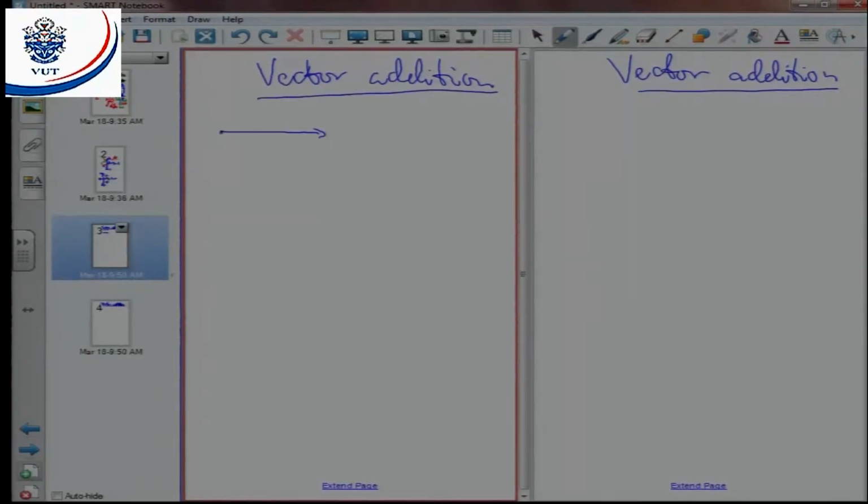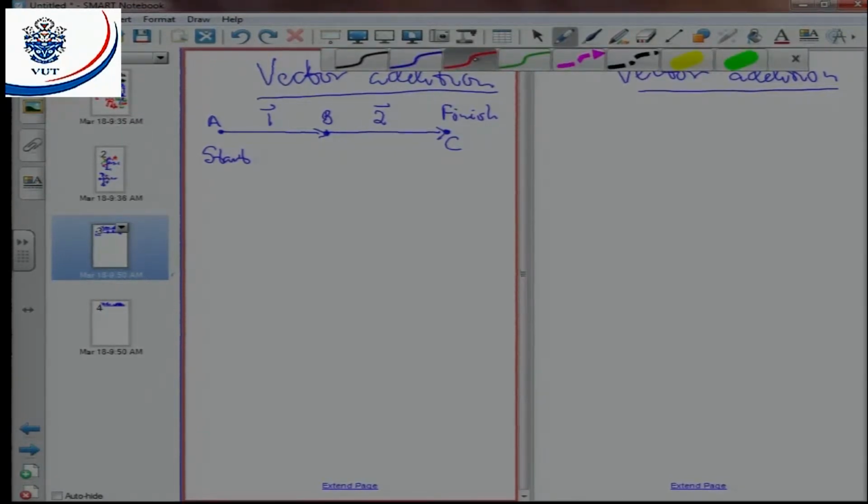So say I start at point A to point B, and then from point B I walk a further distance to point C. Okay, so my starting point was at A, and my end point is at C. So if we now call this vector 1 from A to B, then from B to C call that vector 2, we can see that the sum of those two, which we called the resultant, is from A to C, and we just draw a line directed from the starting point to the end point, and that's our result.